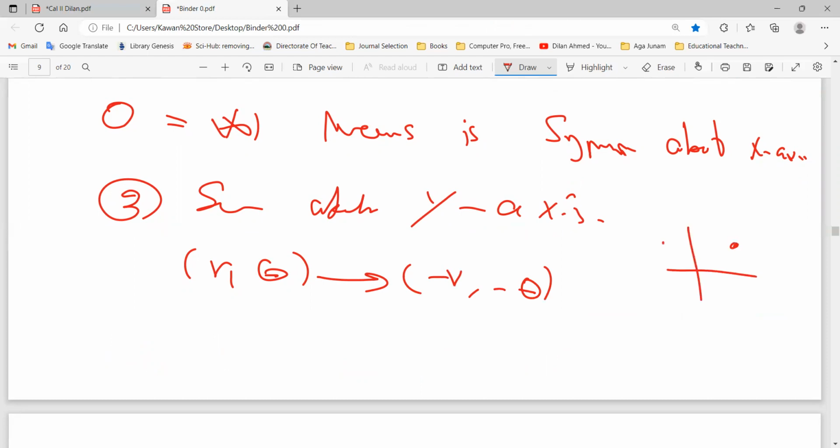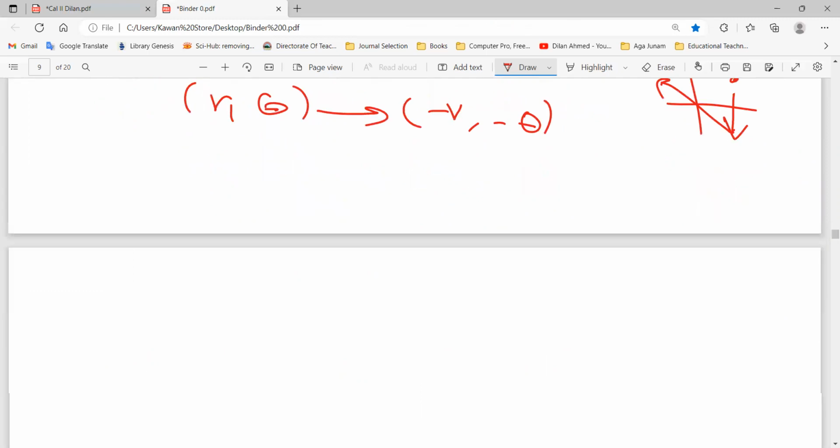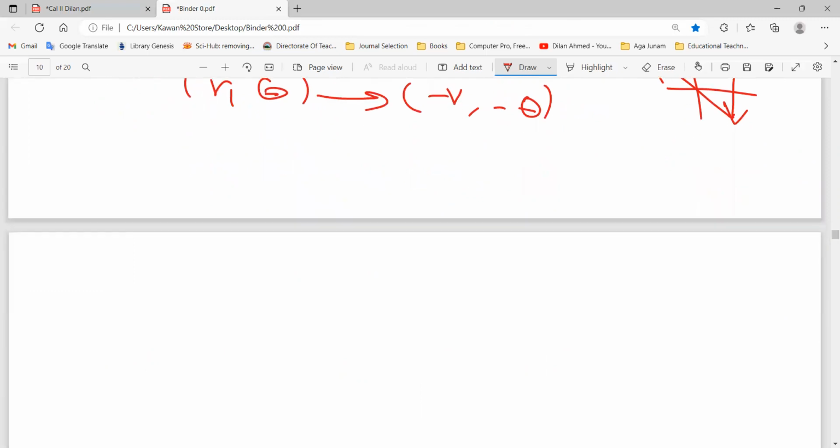I want to come to here. So I say (minus r, minus theta). Understood? So I'm going to change. r equal to 1 minus cosine theta is equal to what? The original equation.